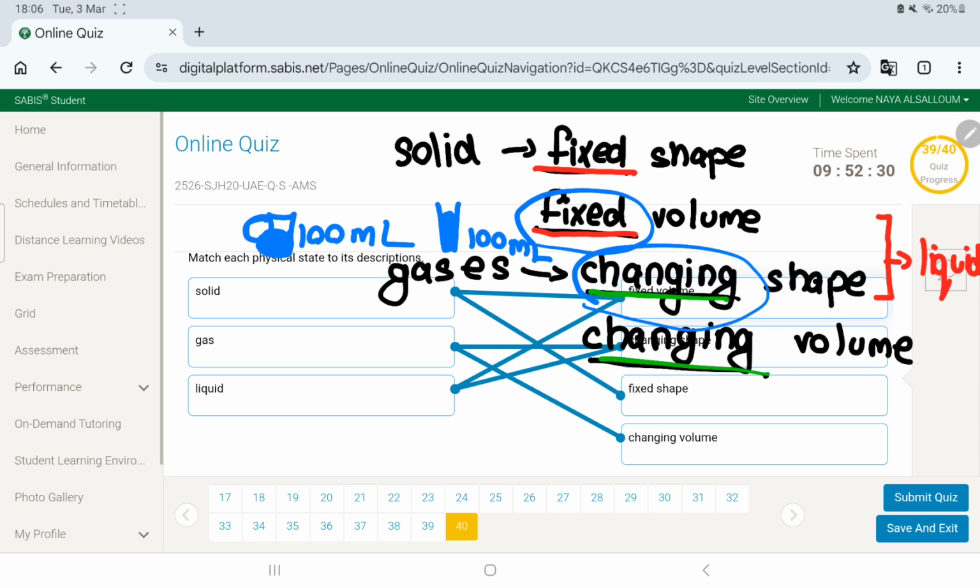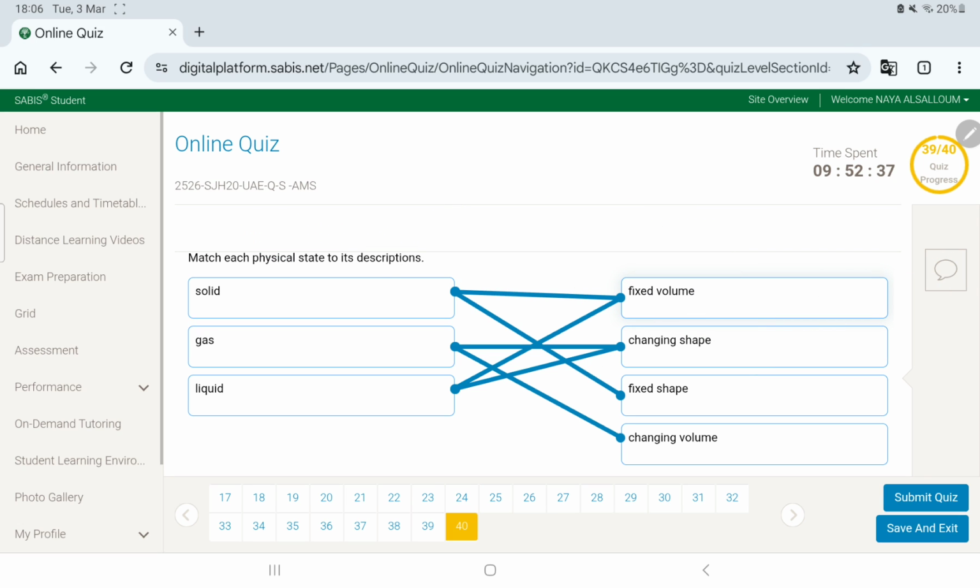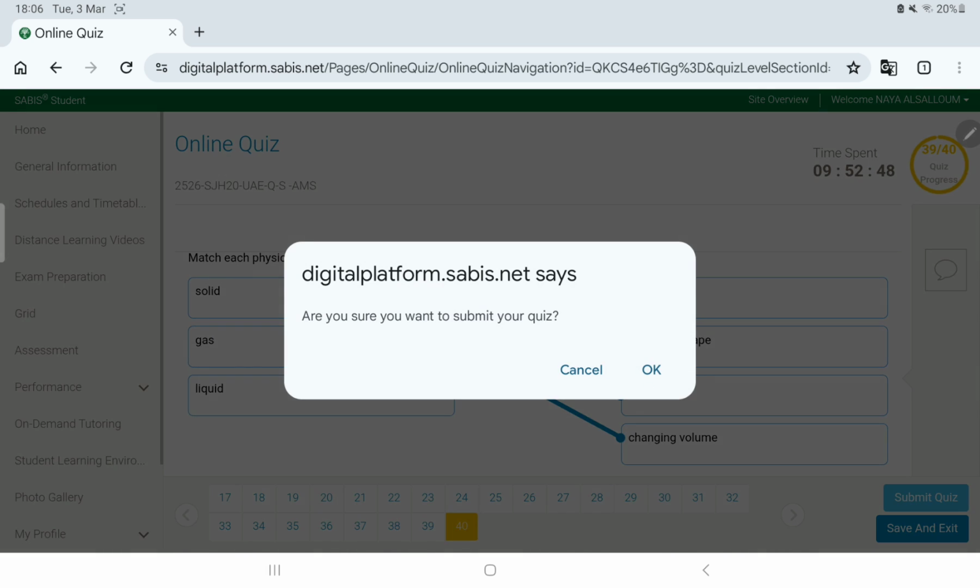It has a fixed volume, but it changes shape. Okay? So once again, solids have a fixed volume and a fixed shape. Gases have a changing shape and a changing volume. Liquids is in the middle, changing shape but fixed volume.